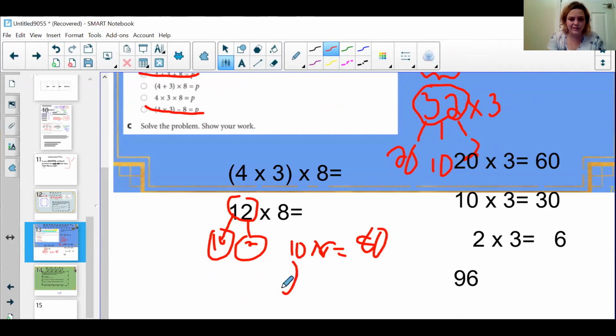And 2 times 8 equals 16. And when I add my products together, it's going to give me a total of 96. So as you can see, it doesn't matter the order in which you multiply, it's the associative property, right? It's still going to give you the same product.